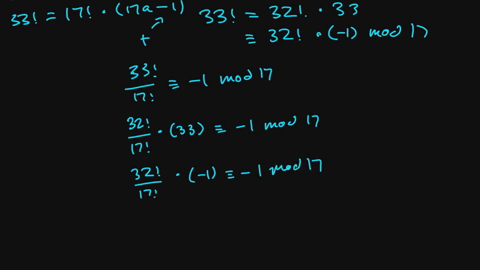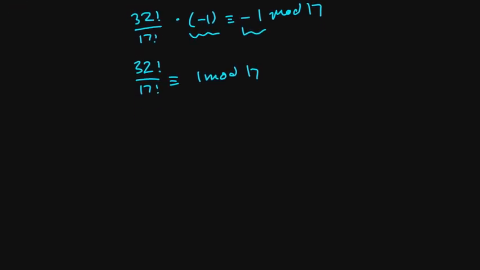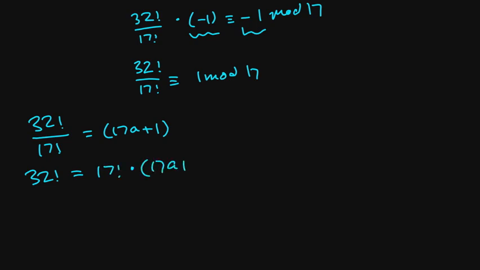So therefore 32 factorial over 17 factorial is congruent to 1 mod 17 if we just divide both sides by negative 1, cancelling out the negative 1s. Meaning that 32 factorial over 17 factorial is equal to 17a plus 1 for some integer a, and we have 32 factorial equals 17 factorial times 17a plus 1.